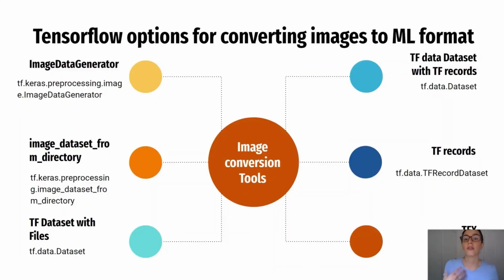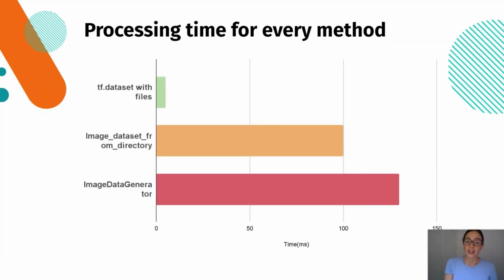So TensorFlow offers different options to pre-process and convert these images into a machine learning format. Now I've done an experiment with 3 of these methods, and I think that the results are pretty self-explanatory.